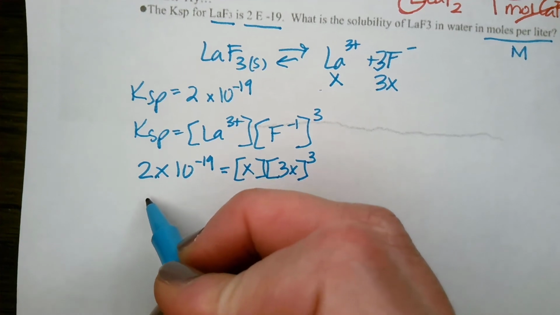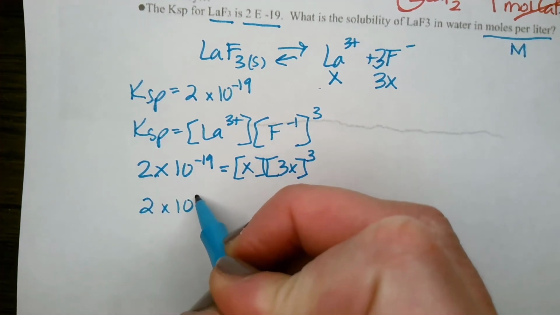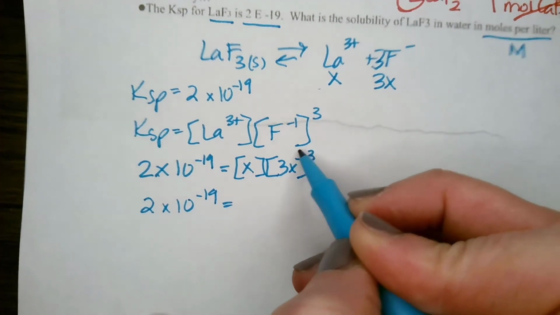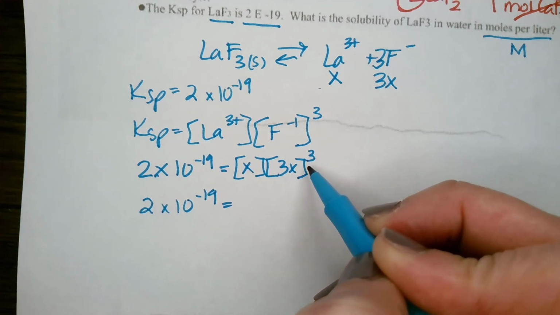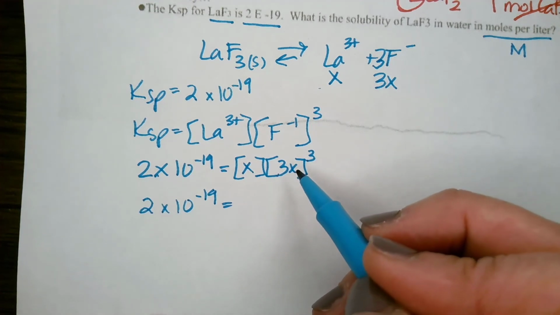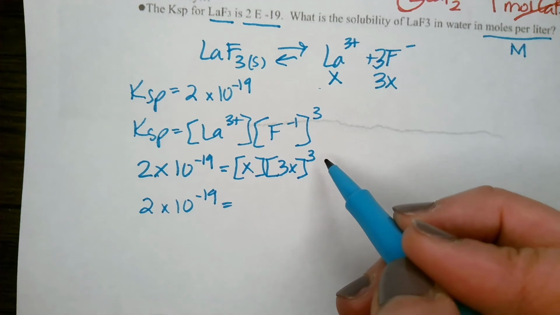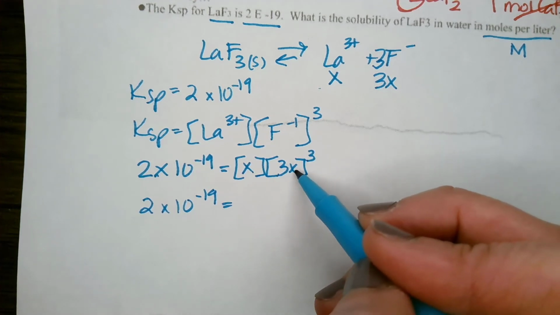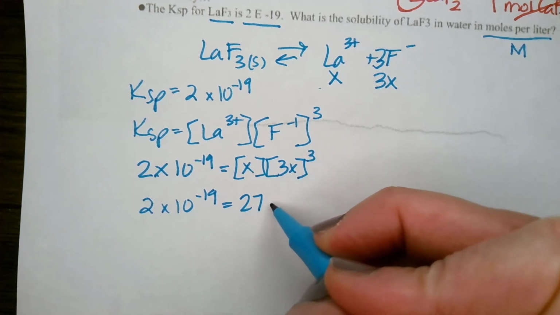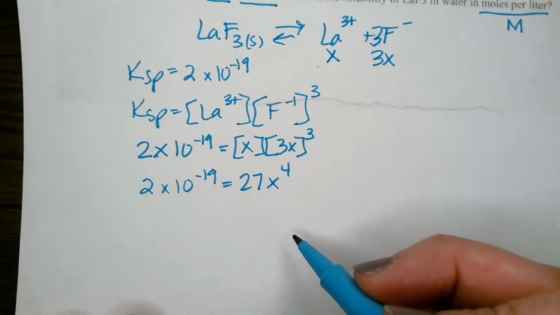So now we're going to simplify even more. 2 times 10 to the negative 19 is equal to, 3 cubed would be 27: 3 times 3 is 9, 9 times 3 is 27. 27x cubed times x is 27x to the fourth.